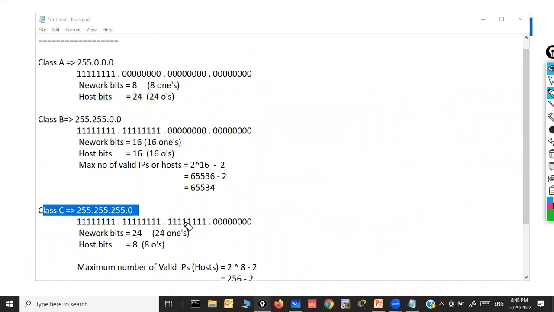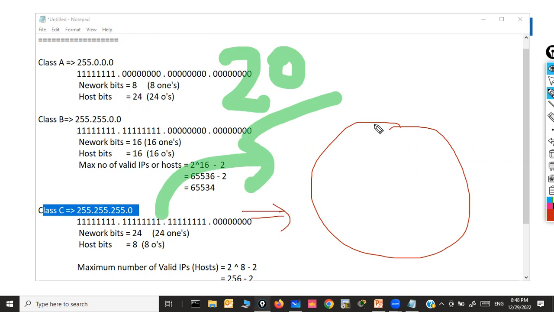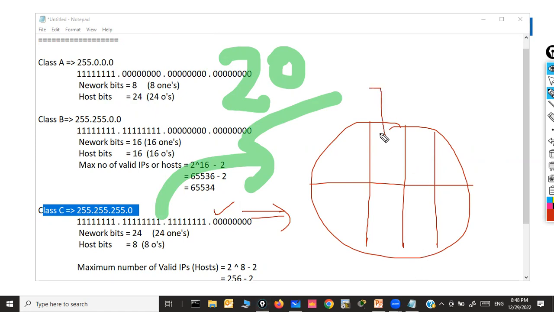Let's say the customer requirement is just to have maybe 20 or 25 IPs in total. So what can the service provider do? The service provider can divide this class C network into 8 subnets. So a big network is further divided into 8 subnets, and each subnet can now have approximately 30 IPs, right?